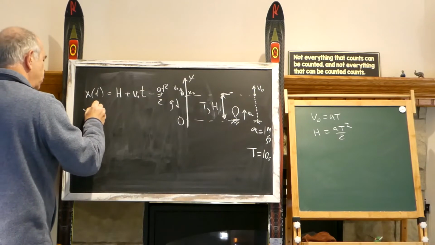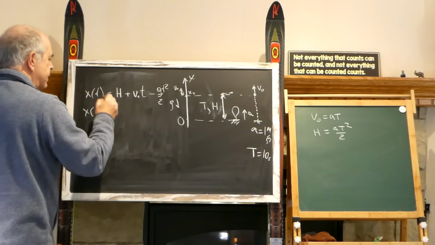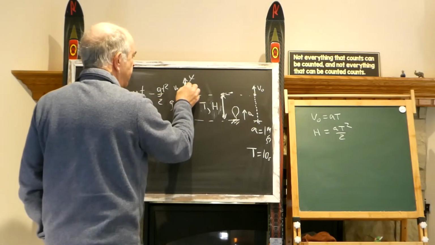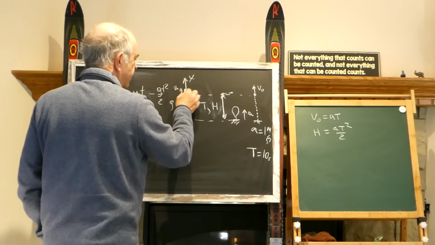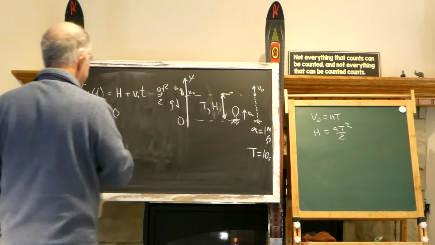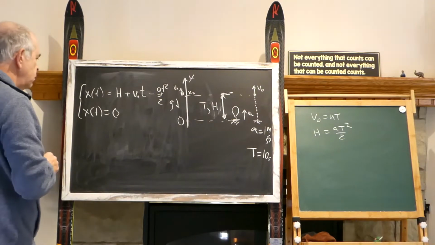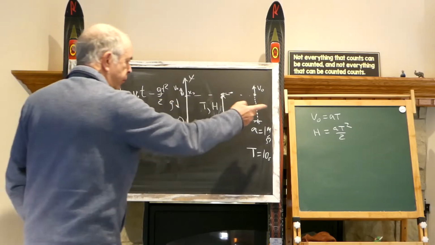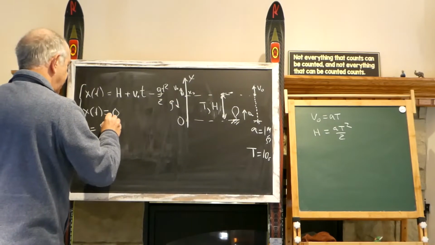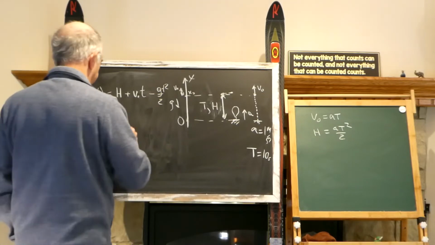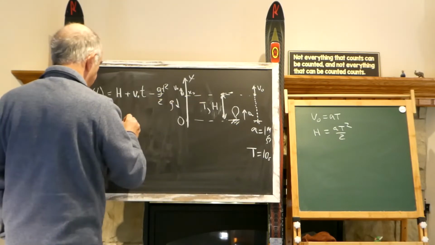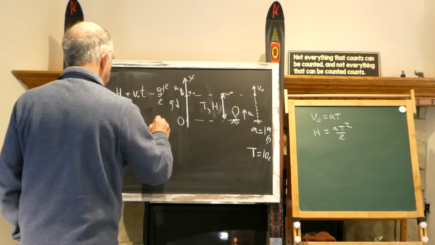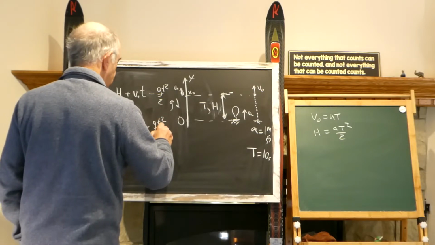Then all I want to say is that I want to find the time when this is equal to 0, because that means that the body goes up, stops, goes down, and this is x of t, right? So x of t equals 0, so I put 0 equals, instead of h, I put the known value, aT squared over 2, plus v0, I put aT, and I put t, minus g t squared over 2.